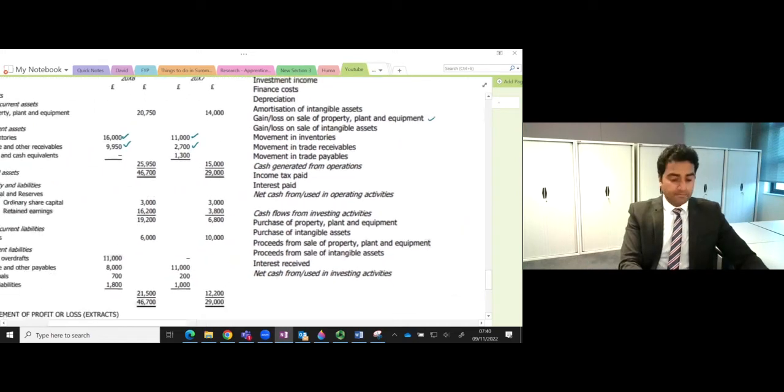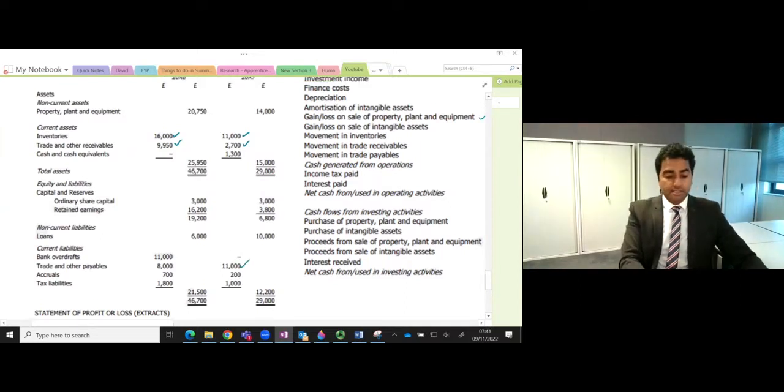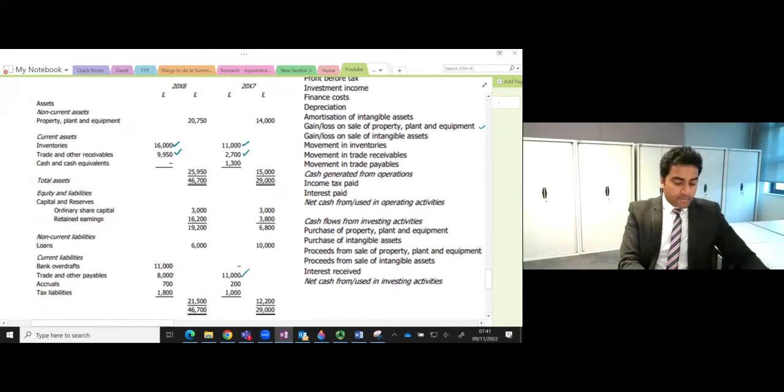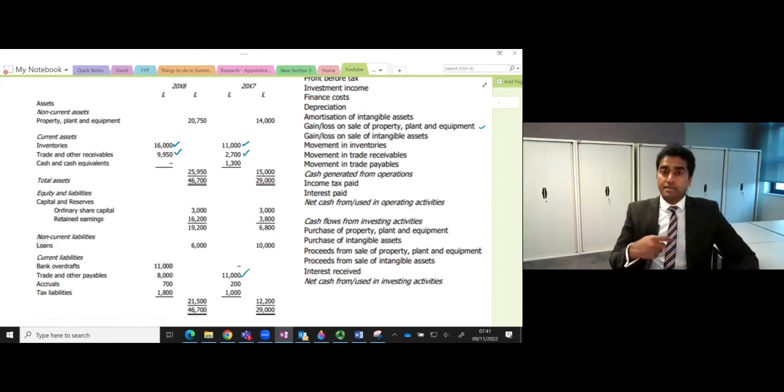Next is the payables. As you can see that payables are over here. The opening balance of payables in 2007 was £11,000, and this payables balance has gone down to £8,000. That means I am paying my payables, and when we pay our payables, from business point of view it is good, but from cash point of view it is not very good, because I'm spending money, the cash is going out, there is a cash outflow.